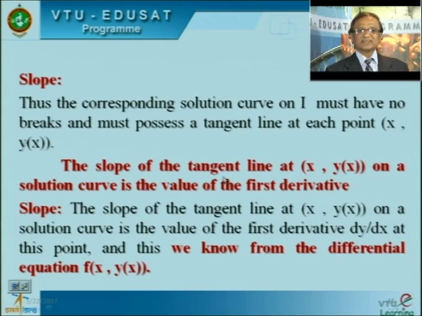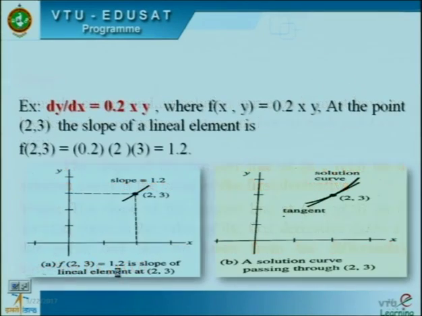The slope of the tangent line at x comma y of x on a solution curve is the value of the first derivative dy by dx at this point, and this we know from the differential equation, f of x comma y of x.